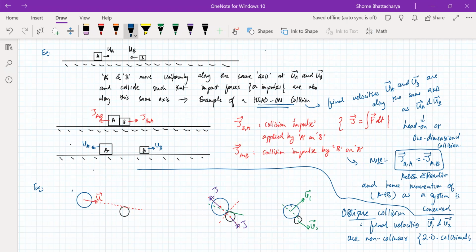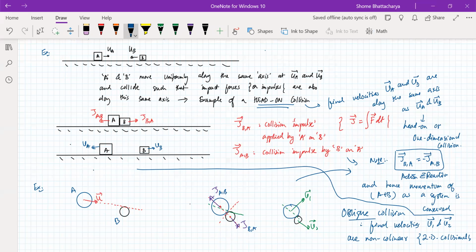Now that same thing applies here also. If this is A and B, this is the impulse that A experiences because of B. This is the equal and opposite impulse that B experiences because of A. And as a result, the same thing will apply here also. A plus B as a system will have conserved linear momentum.